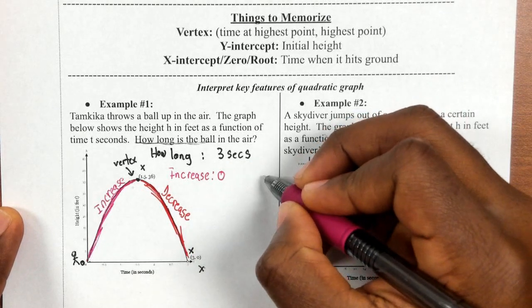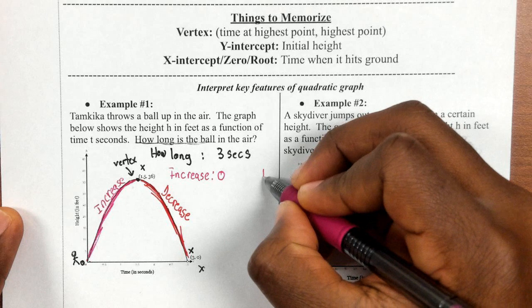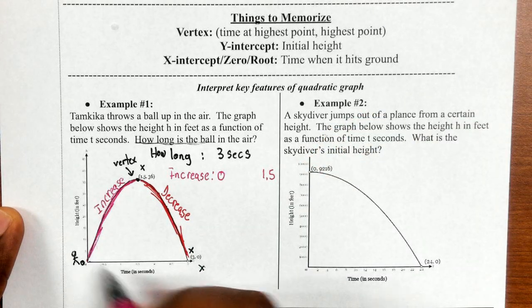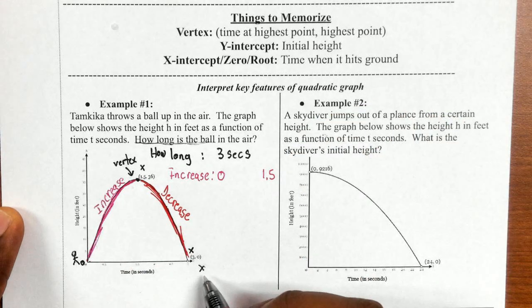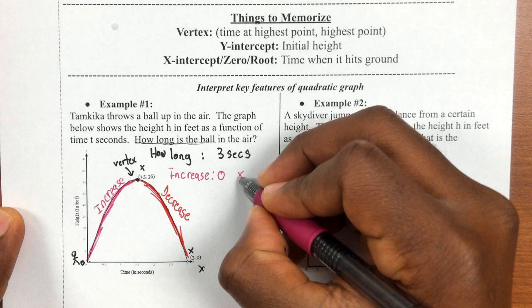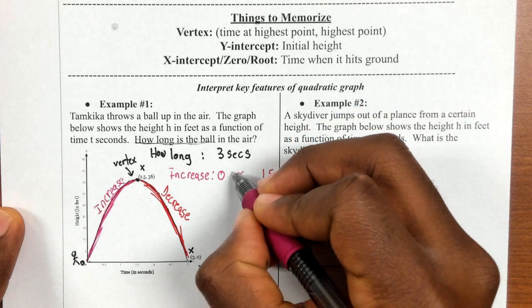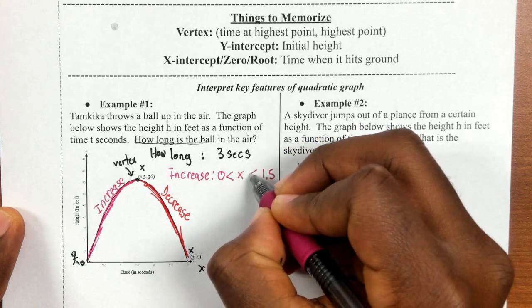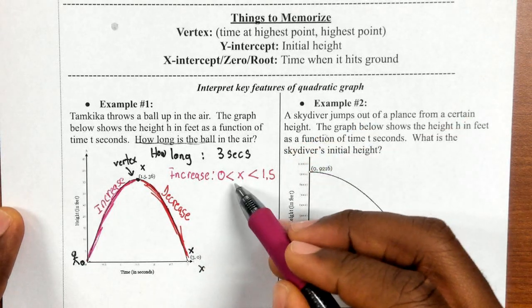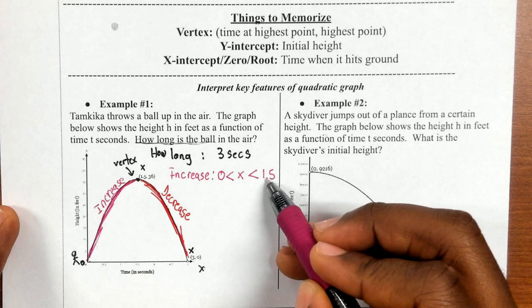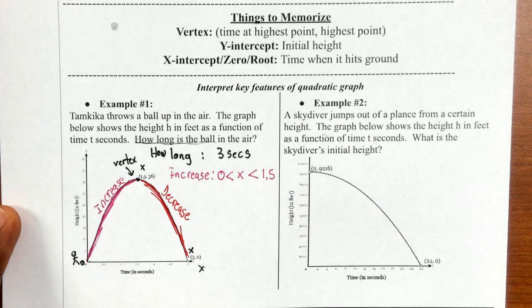Because we're looking from left to right, we're looking at the x values. So you put an x in the middle, and 1.5 is bigger than 0, so the operator would be facing the 1.5.